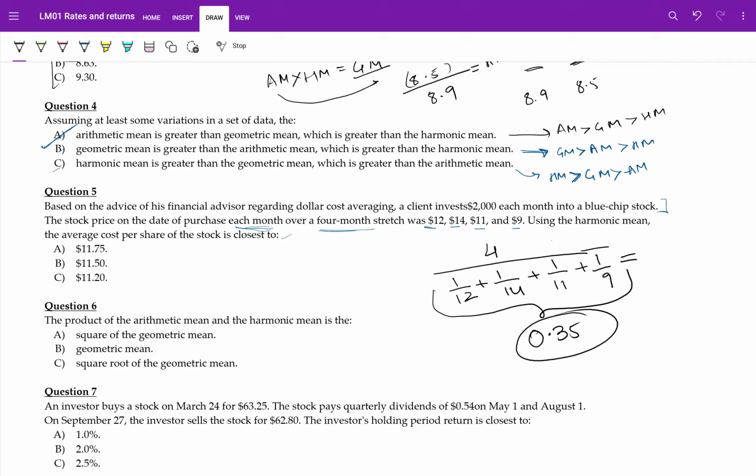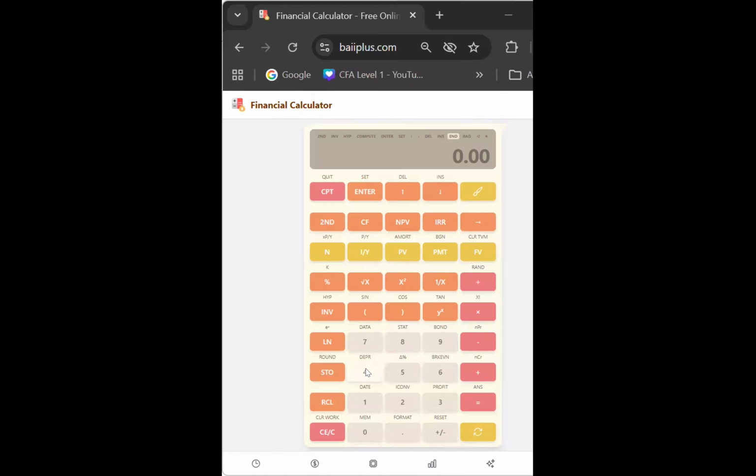Okay, so this is actually giving us incorrect values. So what we can do is simply divide 4 by 0.35, and this is going to give us a value of 11.43. So 11.43.